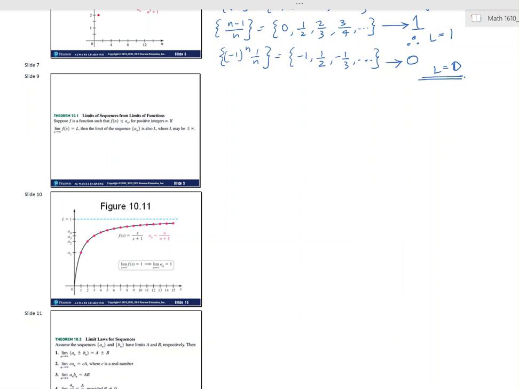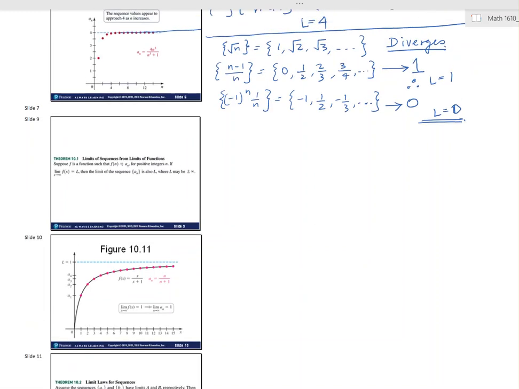So in the previous class, we saw that the most important thing was to figure out the limit of the sequence. So here is the most important result in this section, and that is the theorem which says limits of a sequence can be found from limits of a function.